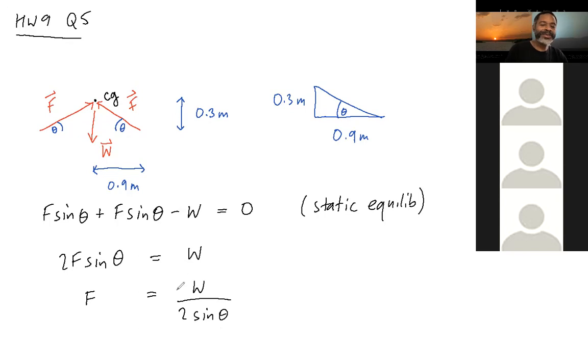This gives us the magnitude, but you can see for the magnitude, we need the angle. We need the direction. So for the angle, we look here, and we can see that the tangent of theta is 0.3 meters divided by 0.9 meters.